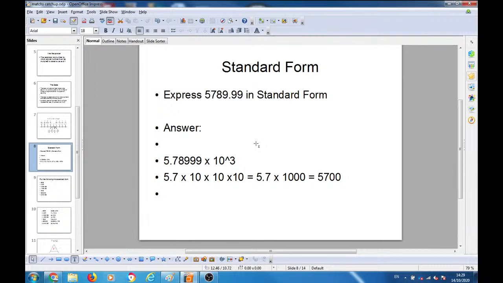So instead of having these huge numbers with 8, 9 digits, you've just got a single number, maybe a decimal point and 1 or 2 numbers after it, whatever is relevant, and then times 10 to the power of 3, or 6, or whatever it may be.